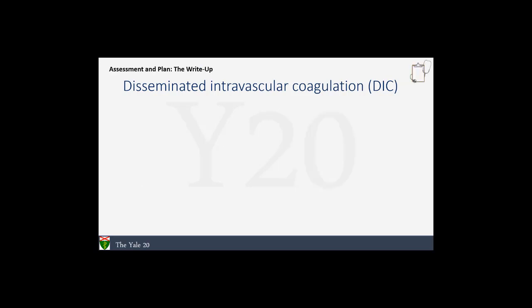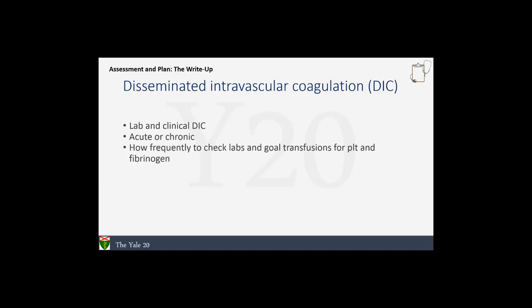5%. So for your assessment and plan, you want to write up if the patient has lab or clinical DIC. Sometimes patients can have DIC without any symptoms of bleeding at all. If it's clinical, then you are, of course, more concerned. You want to comment if it's acute or chronic, depending on the patient's presentation.